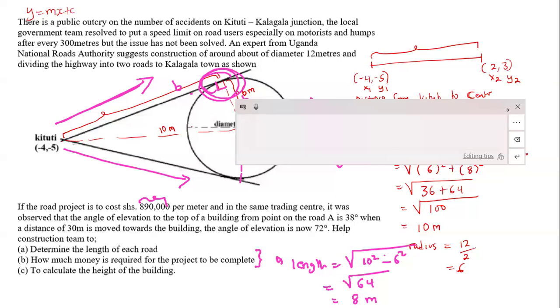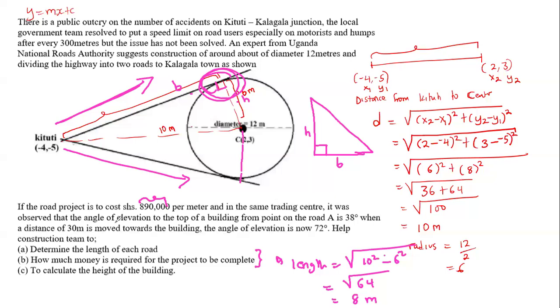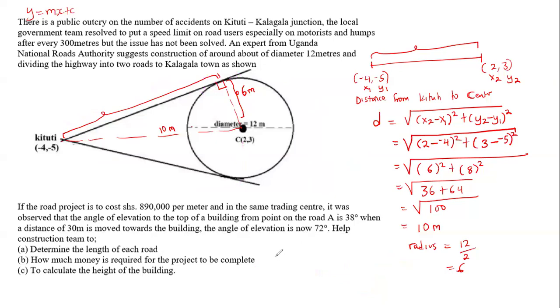Okay. So can we find the amount of money we are going to spend? I'm still seeing the amount is differing. Some people are getting 14, others are getting 21. Do not forget to reason out because these are two roads that we are going to construct. So amount of money for the roads is going to be, remember there are two roads, you multiply 2 times the distance, which is 8, times the per meter cost, which is 890,000.